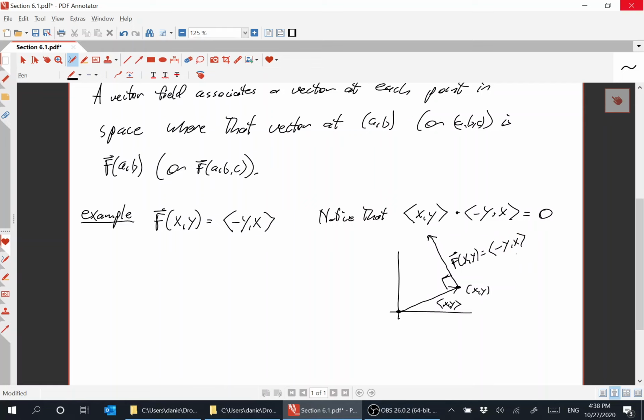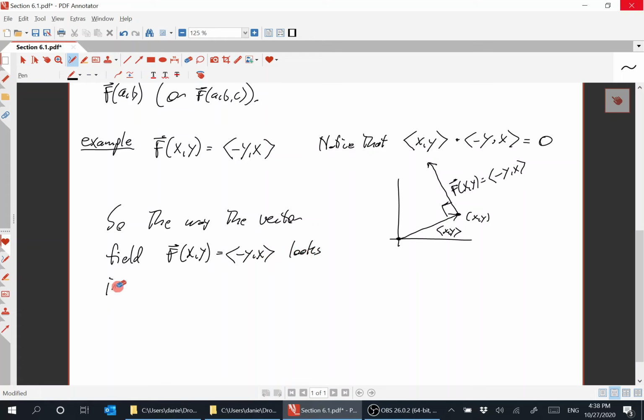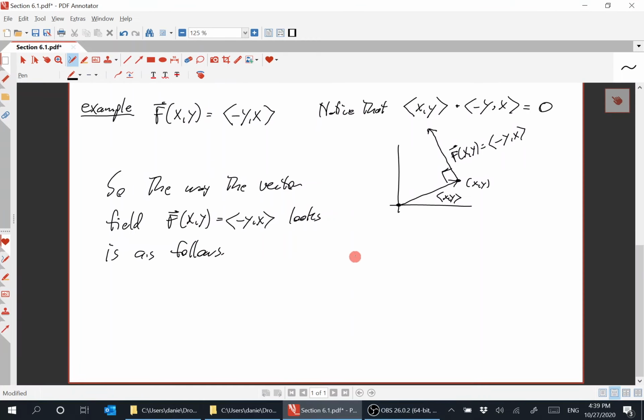So the way the vector field looks is as follows. Here is an xy plane.